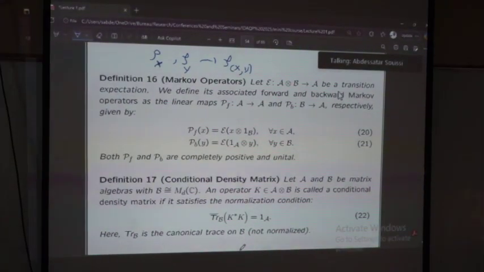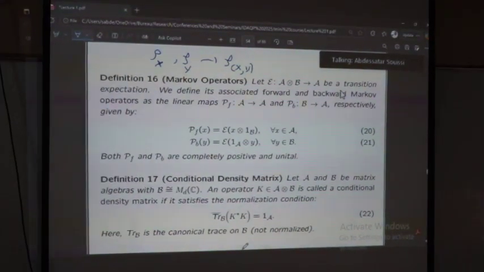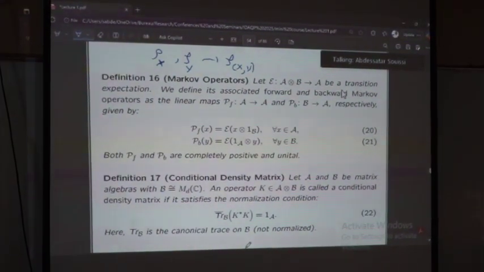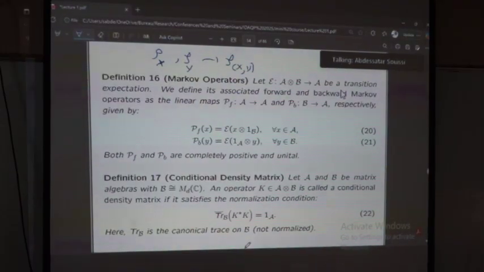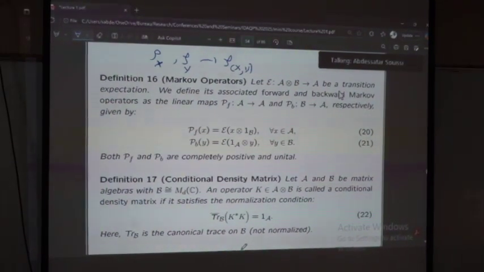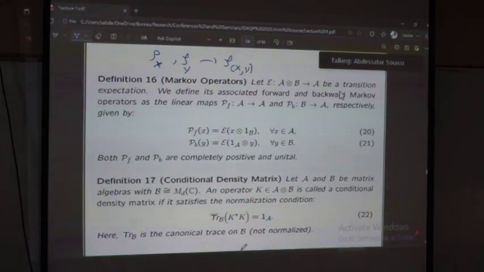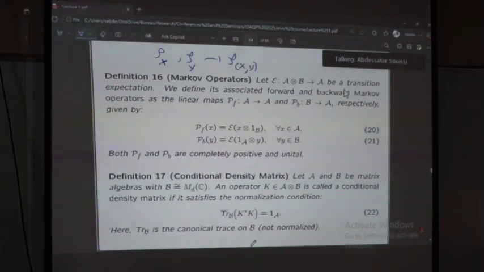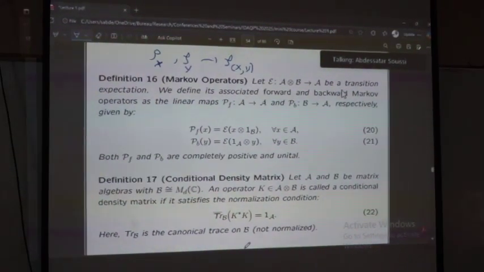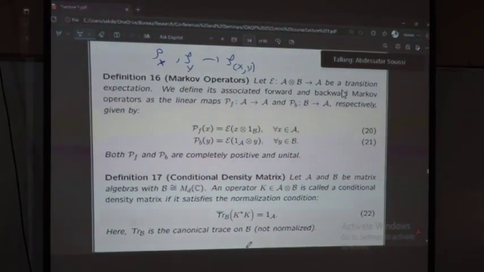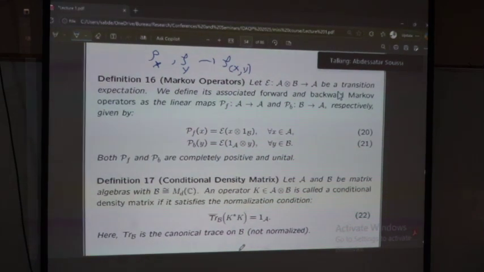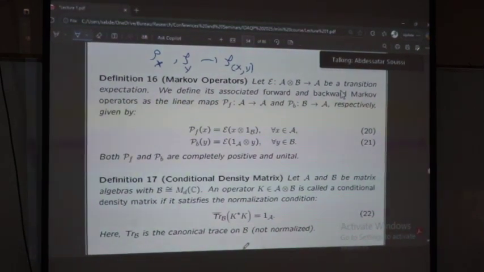The simplest case is when we take rho X tensor rho Y, so that in this case we have independence. Now, if we have correlation between X and Y, is it possible to reconstruct the joint distribution?